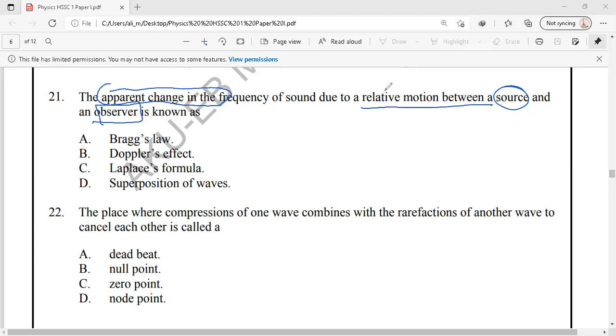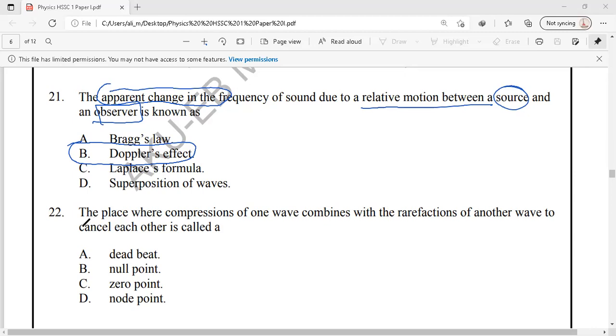This phenomenon, in which there is a change in the frequency and a change in the wavelength of the sound wave when there is relative motion between the source of the sound and the listener, is known as the Doppler effect. So the correct option is option B.